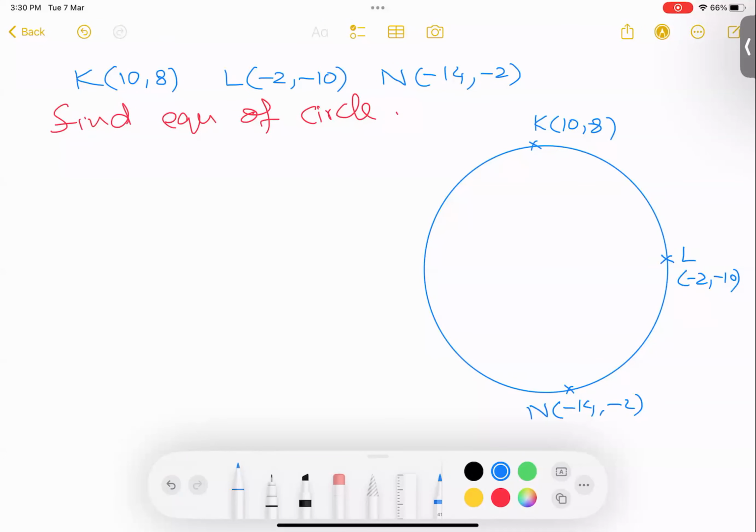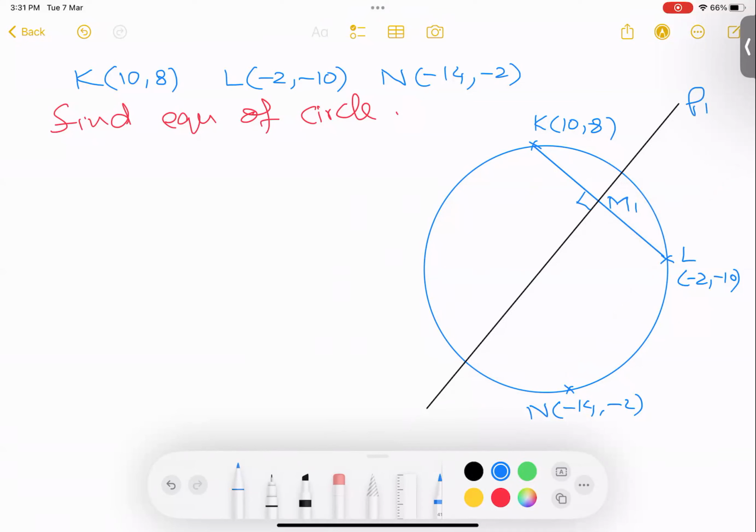So I'm going to join K with L, and you can see this is a perpendicular bisector, and I make it in black color so you can see clearly. Now this is 90 degrees, and this is M1. And I call it perpendicular bisector number 1.